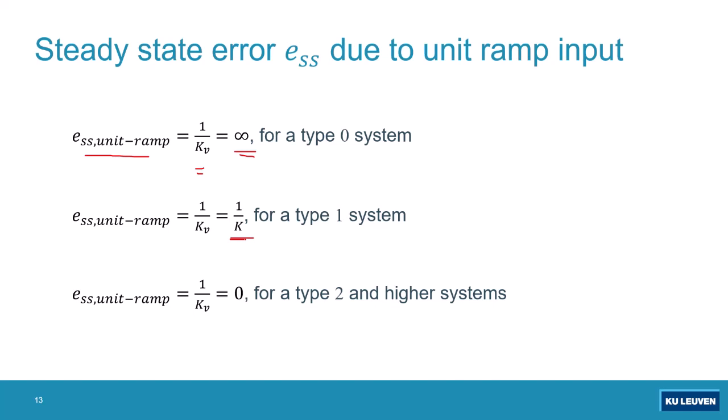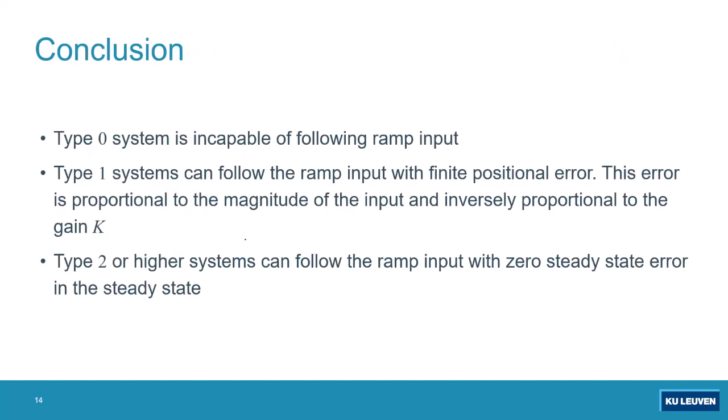Okay, so to conclude this short video on static velocity error constant, type 0 system is incapable of following ramp input.